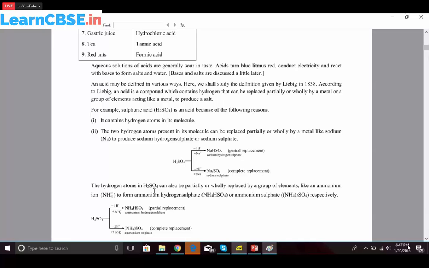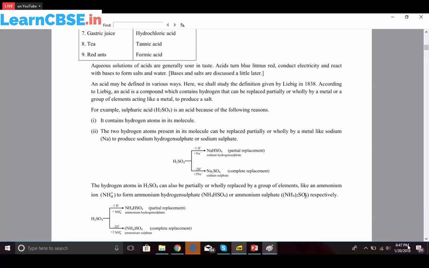The hydrogen ions in H2SO4 can be partially or completely replaced by a group of elements such as the ammonium ion, NH4 plus. So it forms the compound NH4HSO4, ammonium hydrogen sulfate. Suppose the other hydrogen is also replaced by NH4 plus, meaning we get NH4 twice.